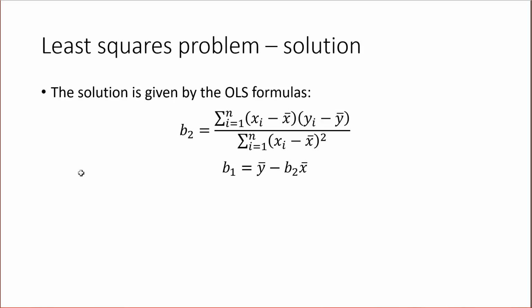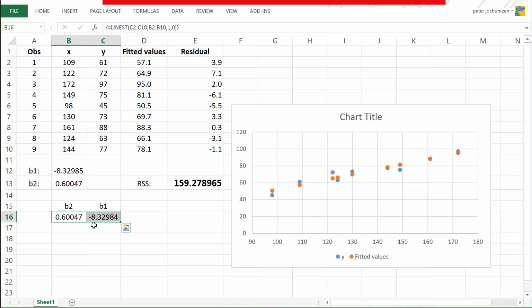So that answers the question, where do these numbers come from? Why does Excel, for example, pick this as its trend line, as the best fit? And the answer is because that's the trend line which has the smallest possible value for RSS. You cannot find a trend line with a smaller value of RSS. That's what the OLS formula is derived from.